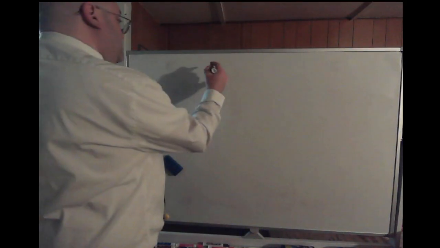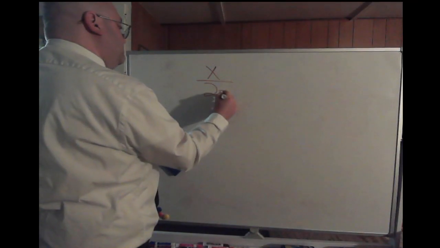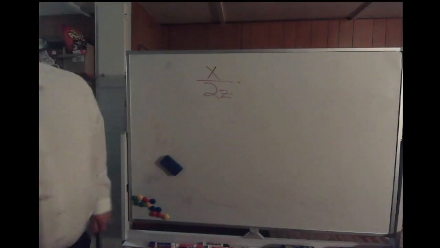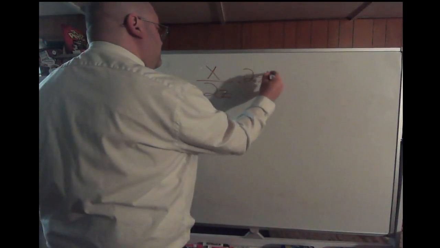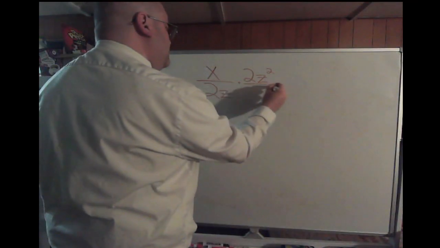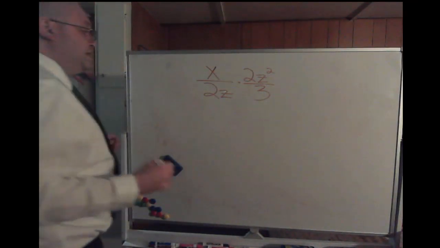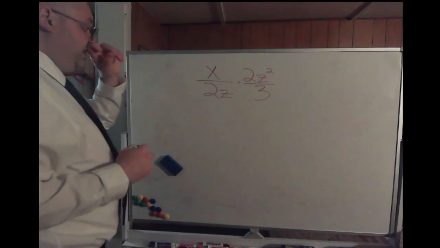All right, one more here. We have x over 2z times 2z squared all over 3. Okay, so we have x over 2z times 2z squared all over 3.